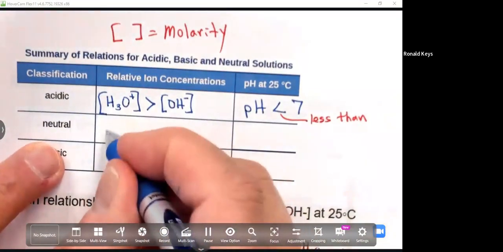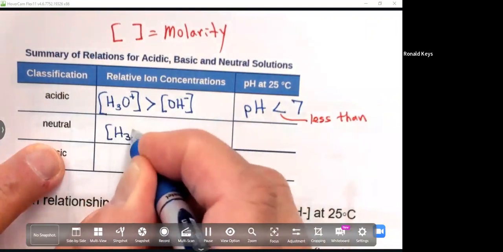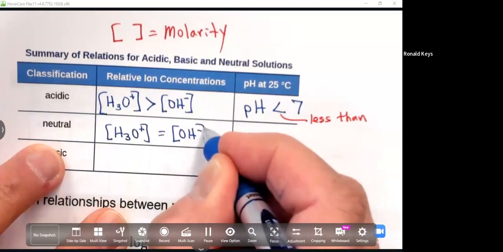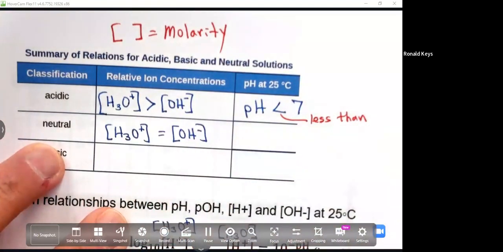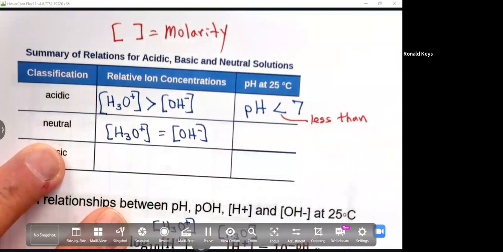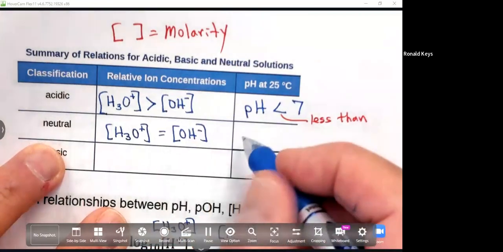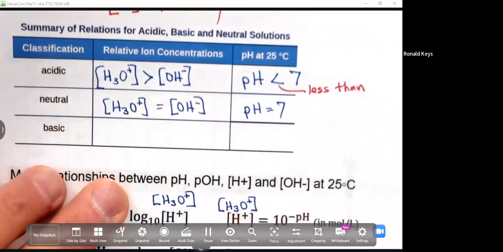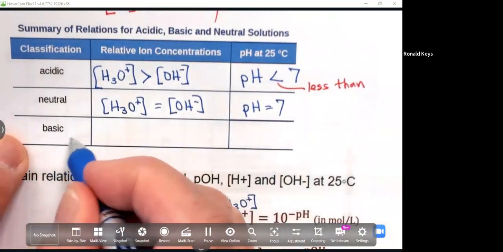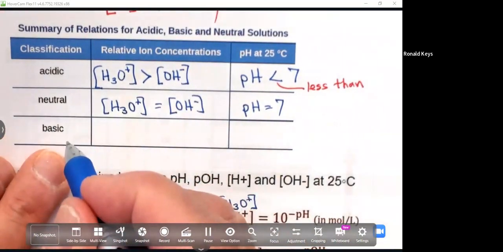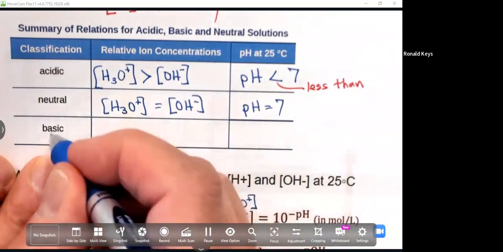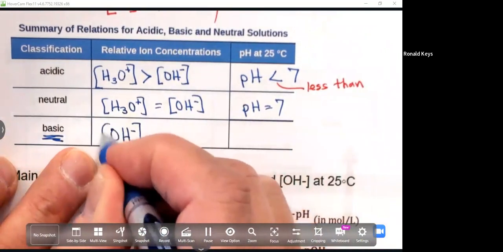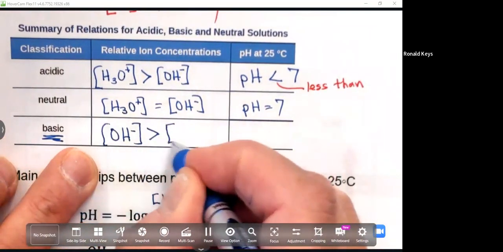Obviously, then, if I have a neutral solution, H3O plus better equal my OH minus. And then my pH better equal 7, right? If I have a basic solution, I better have more OH minus than H3O plus.